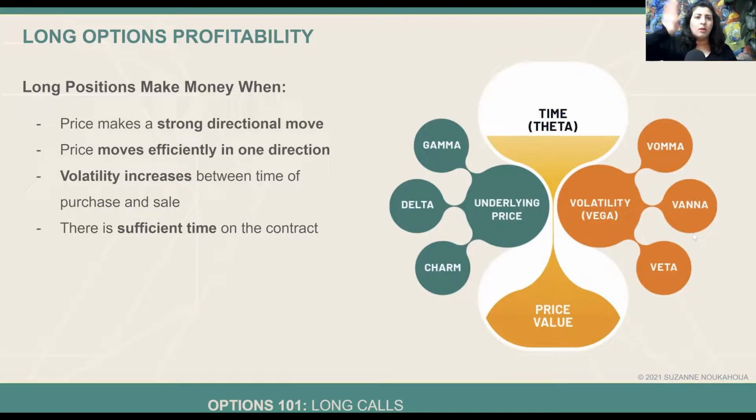When the option contract is not moving quickly, all of these volatilities start to drag down. So the time is dragging down, the volatilities are dragging down, and those are pulling against the positive movement of your underlying. So you want to make sure that you are giving yourself enough time for the price to do what it wants, but also that price will move efficiently.